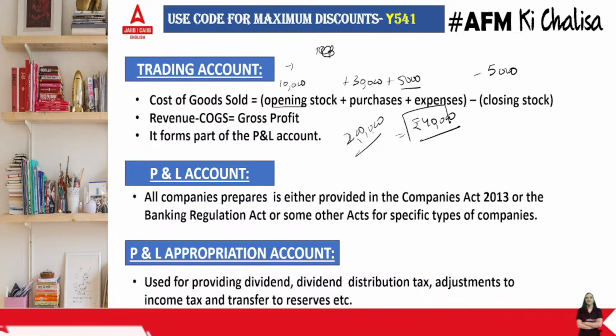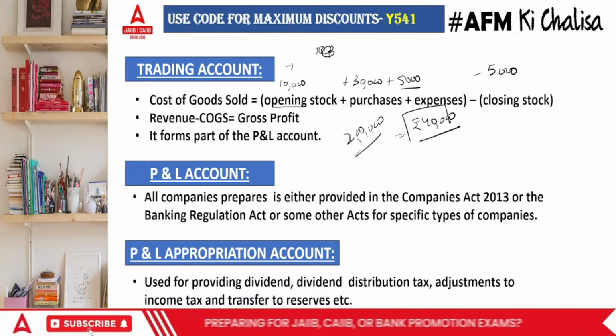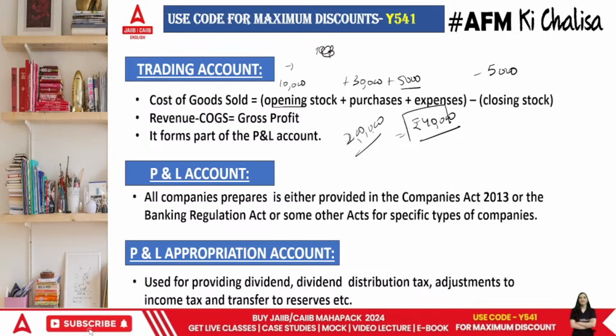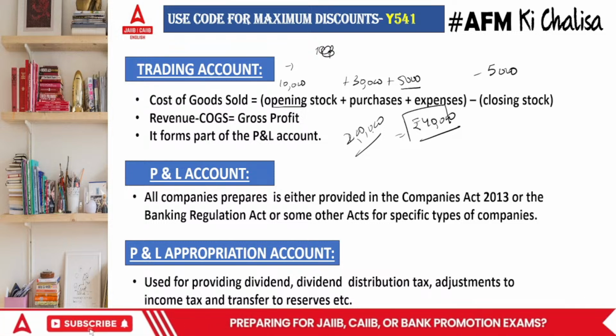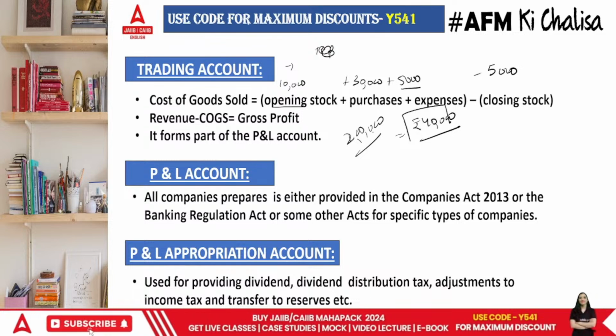First of all, we are done with trading account. Second, we are done with profit and loss account. Profit and loss account records all the expenses and incomes which are not direct or production based. Everything else is taken into the area of the profit and loss account. Everyone, if I earned a profit of 10,000, then what will happen?